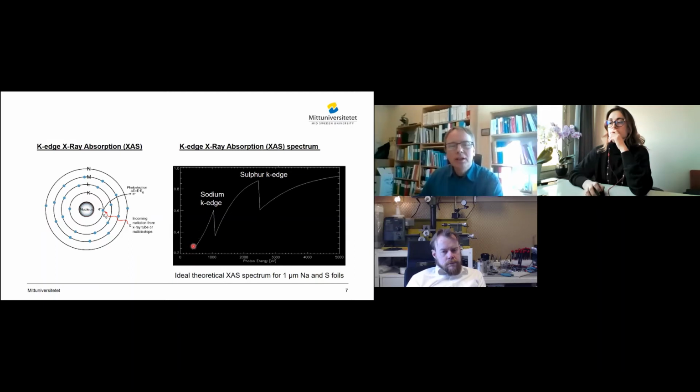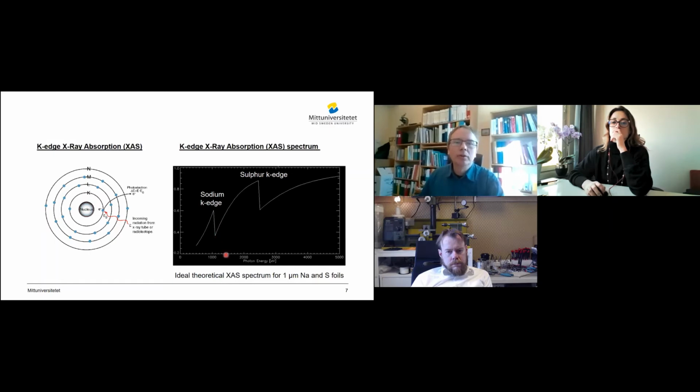When we increase the energy, the Lambert-Beer law says that we have a higher probability of penetration. But then when we reach the K-shell binding energy here of sodium, we get the shift down. So we get the material recognition that we have sodium in the sample.